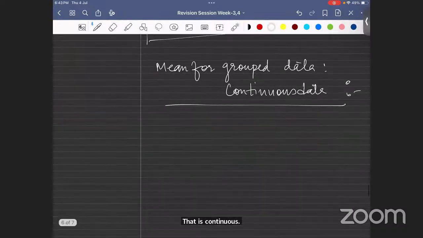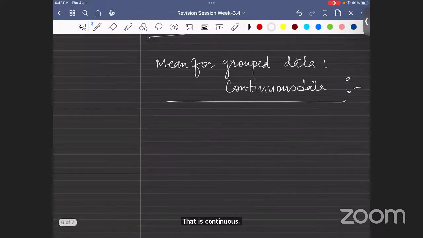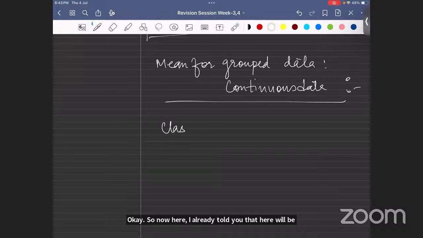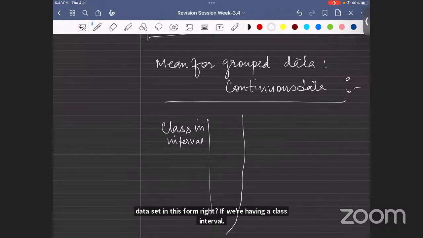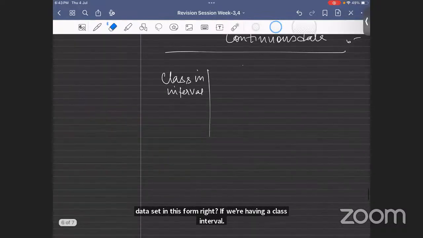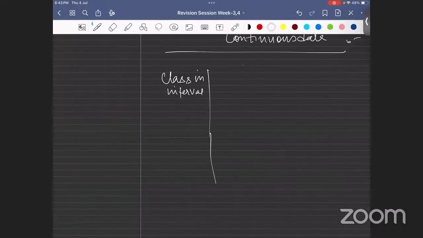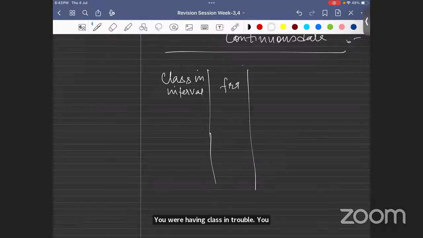Okay, so now here, I already told you that for the continuous data, you have organized your data set in this form, right? You were having a class interval, and you were having the frequency.